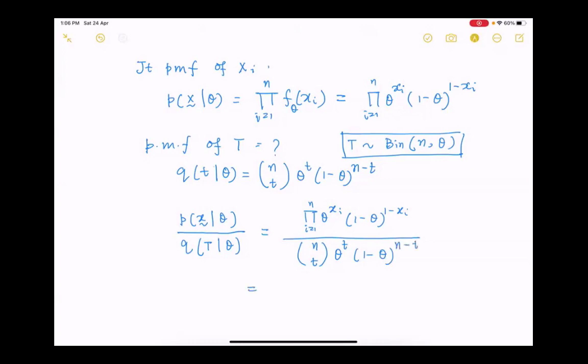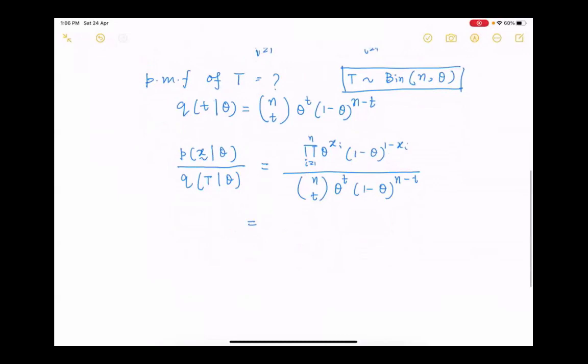Now I can write the numerator as theta to the power sum of xi's and 1 minus theta to the power sum of 1 minus xi's.